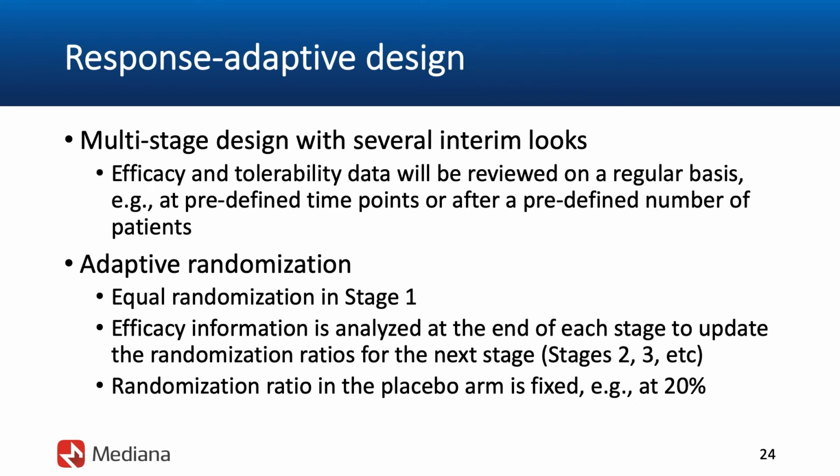Efficacy and tolerability data was to be reviewed on a regular basis using a series of interim assessments that were conducted at predefined time points, or sometimes this could be done based on a predefined number of patients. This is how the milestones for the interim looks may be defined.